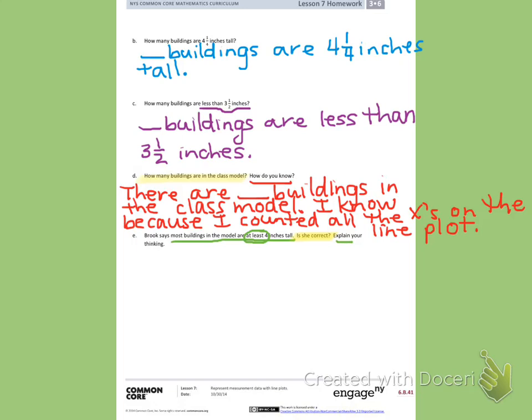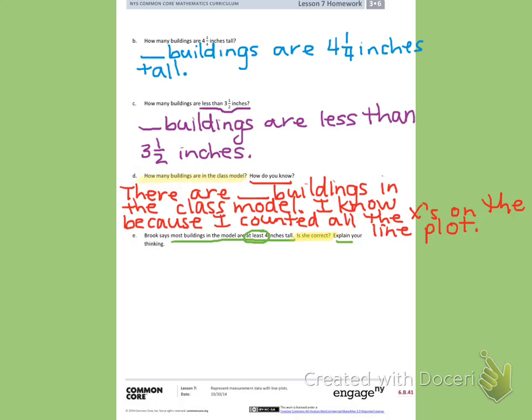Are most buildings in the model at least 4 inches tall? That means, are they 4 inches, 4¼ or 4½ inches tall? Is she correct in saying that?